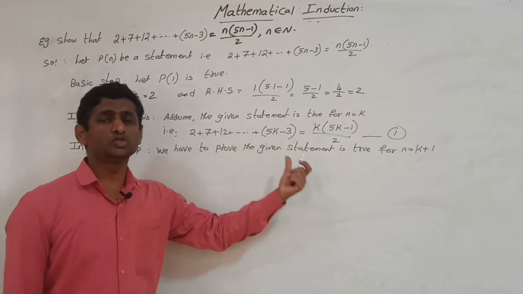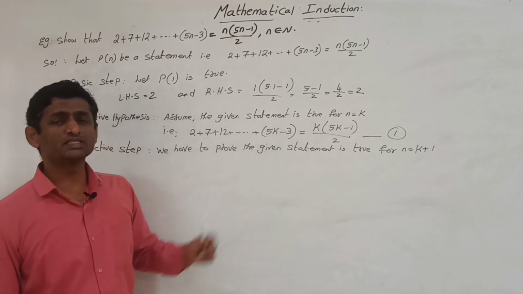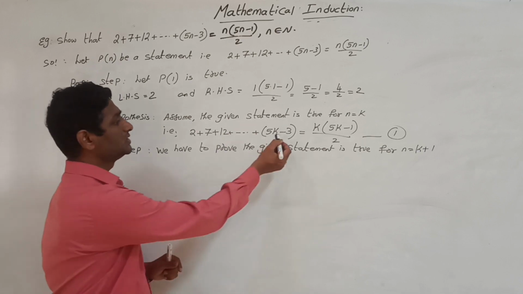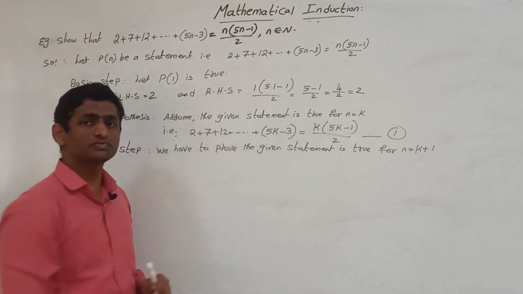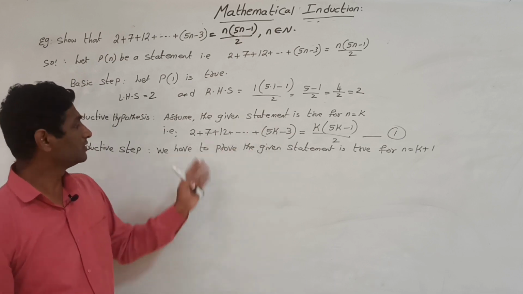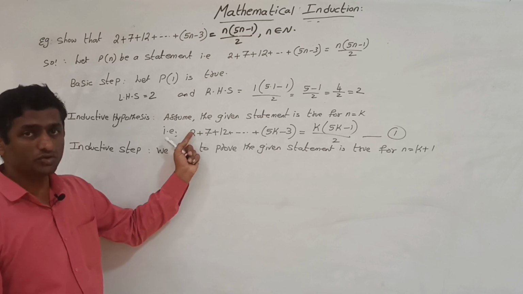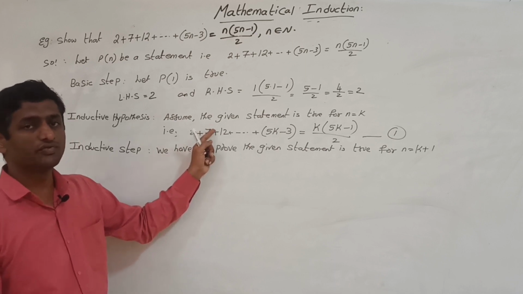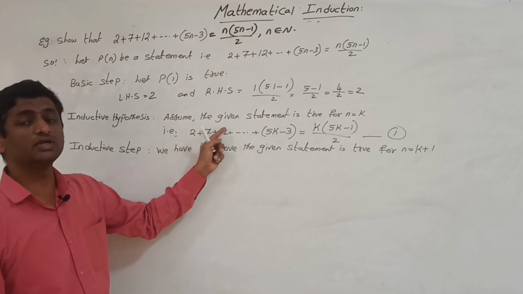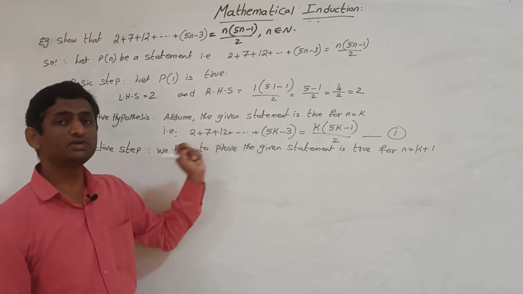Now what number should be added so that it will be a sum of k plus 1 terms? As it is the kth term, what will be the k plus 1 term? If you observe the sequence 2, 7: if you add 5 to the previous one you get 7, add 5 to 7 you get 12, add 5 to 12 you get 17.